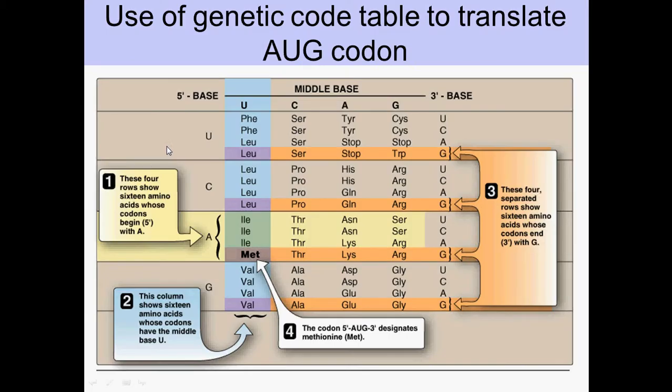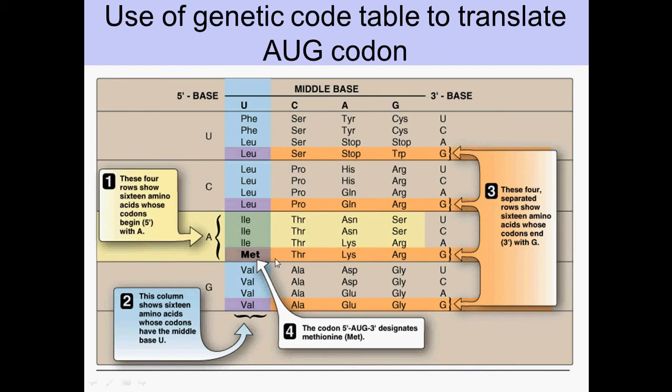And here's a way to look something up. Let's say you want to look up AUC. You see A, all these amino acids begin with A, and then all these begin with AU, and then looking up AUC, it's isoleucine.